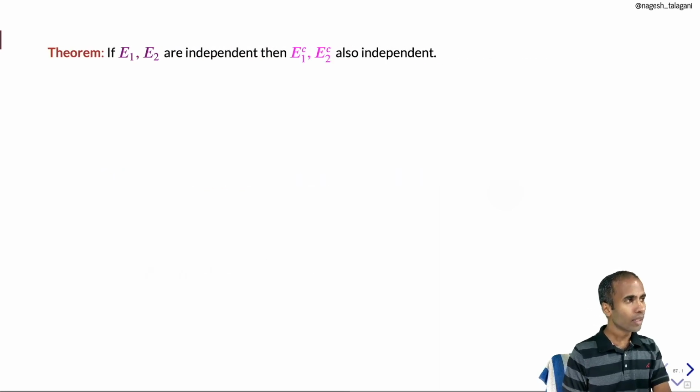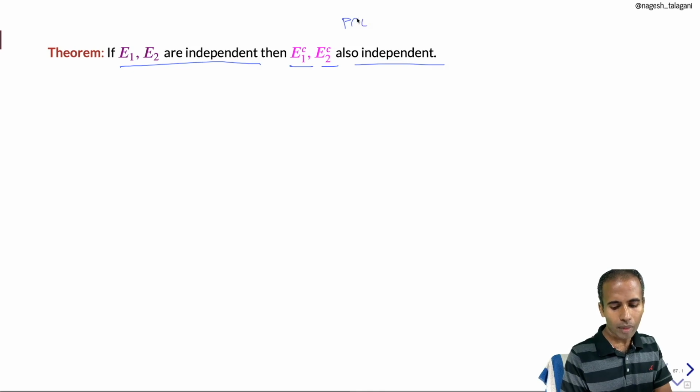Next theorem. If E1, E2 are independent, then E1 complement, E2 complement also independent. Here we need to show this: probability of E1 complement intersection E2 complement equal to probability of E1 complement times probability of E2 complement.